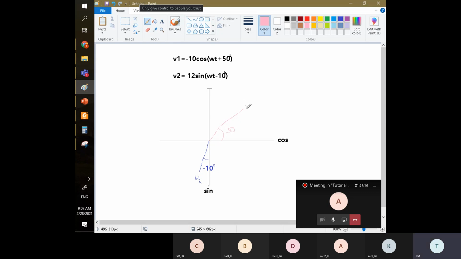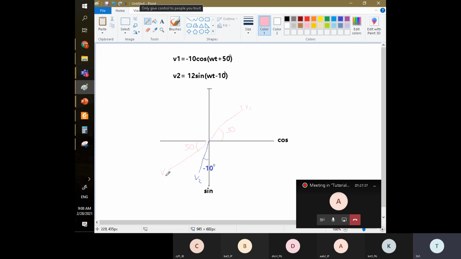Okay, this is V1. But this one, V1 is positive. So the negative value is just opposite each other. The opposite is V1, right? So this angle is face to face, right? Each other. 50 here. So here's V1.